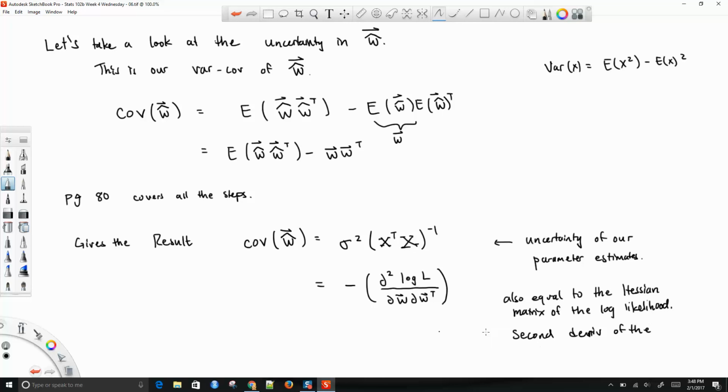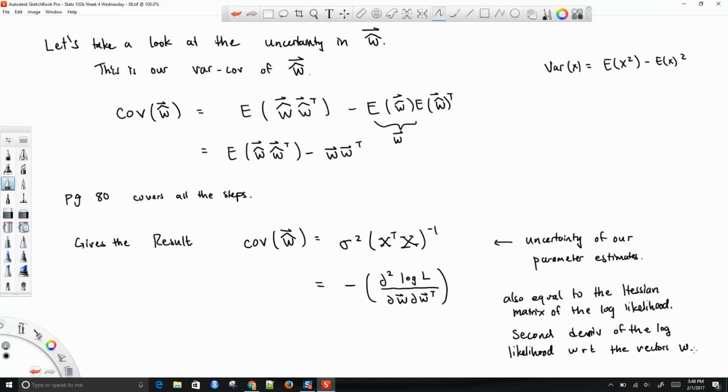Now what does this even mean? Okay. This tells us how much uncertainty we have in our parameter estimates W hat.